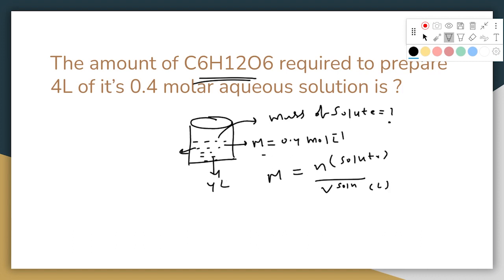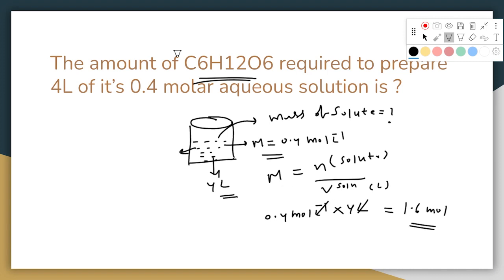Okay, I have concentration, I have volume, so I can calculate number of moles, right? So here 0.4 moles per liter into the volume of the solution, 4 liters. Liter per liter gets cancelled. I will get 1.6 mole.